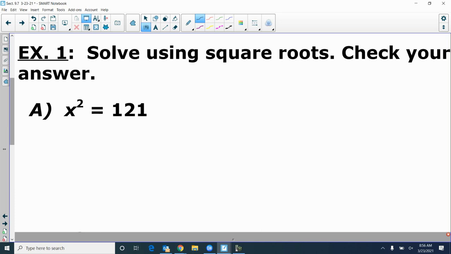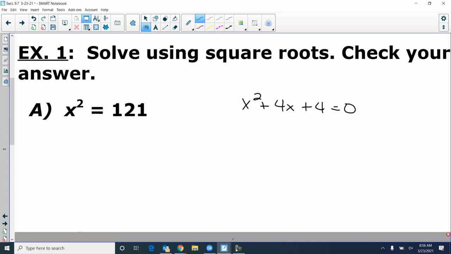We've been solving equations like x squared plus 4x plus 4 equals 0. We've been solving those. We would factor them. If it doesn't have an x term, it's easier to do square roots. So if you have that, all you have to do is get the x squared by itself. You take the square root of both sides.